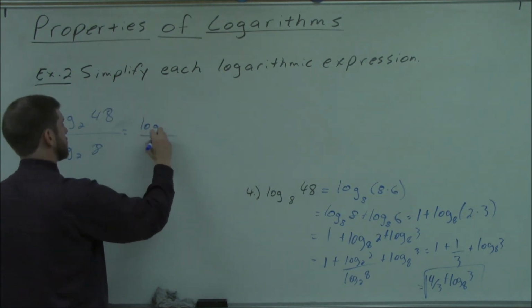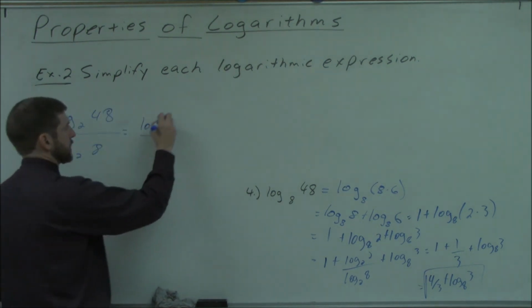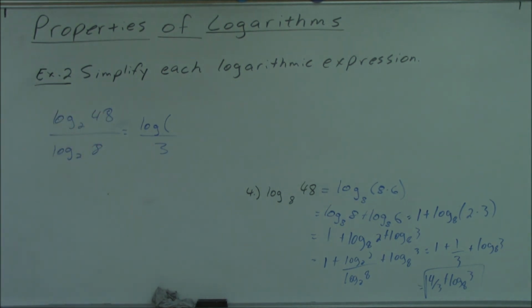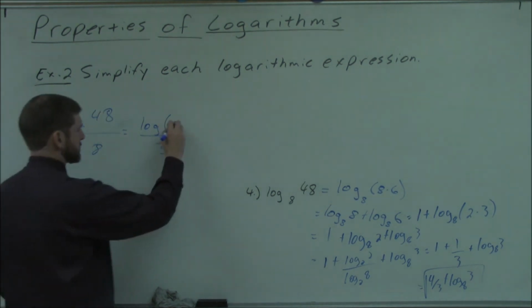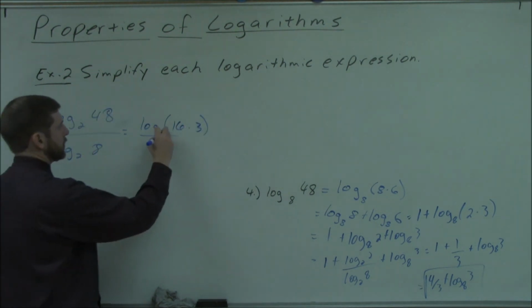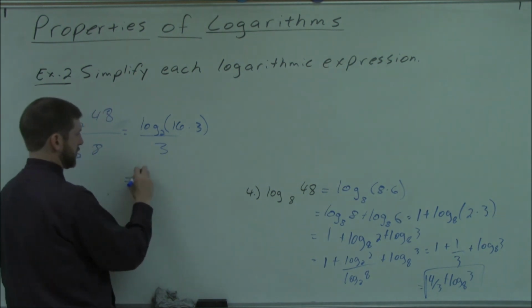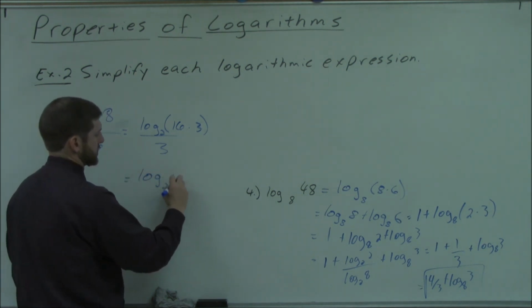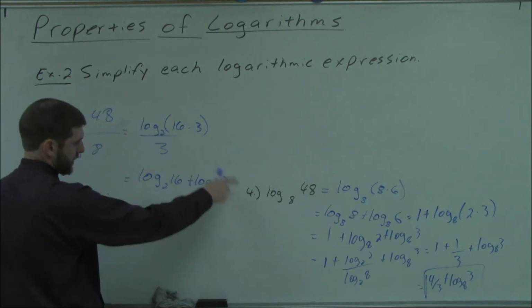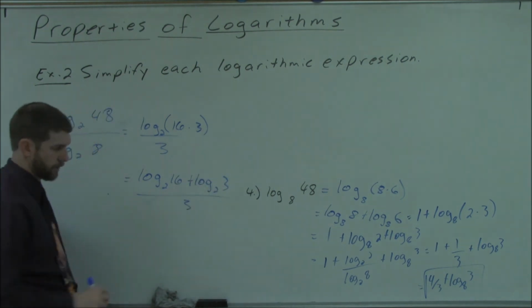The numerator, 48 is not a power of 2, so I've got to break it up. And what's that, 16 and 3 is the biggest power of 2 we can get off of that. So that's going to give us log base 2 of 16 plus log base 2 of 3, which is the piece that we're going to be stuck with, right?